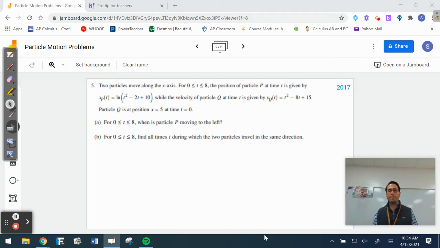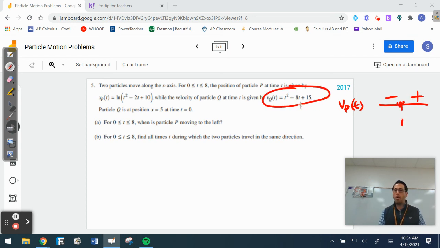Part B. Find all times when the particles move in the same direction. Gosh darn it, I just said how much I didn't want to erase this, but it's easy peasy, right? Negative, positive. All right, so now I've got to go ahead and find, oh, sweet, that's already velocity. So I just got to factor that. So on that sign analysis, I'm going to make sure I don't erase it this time.